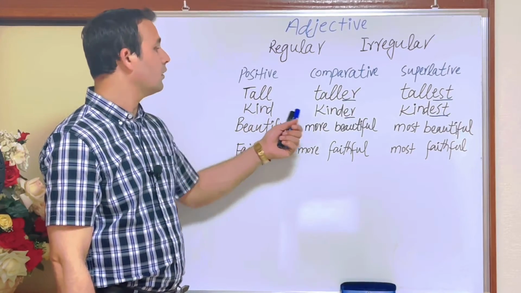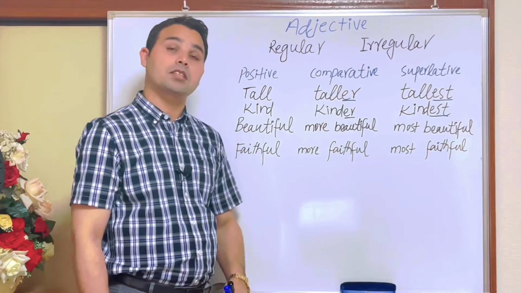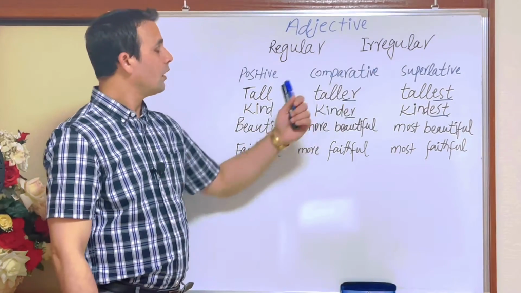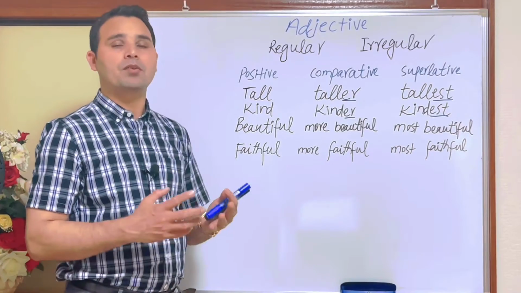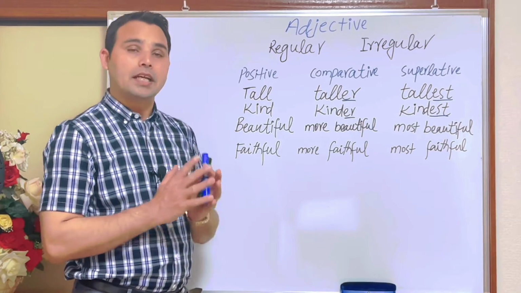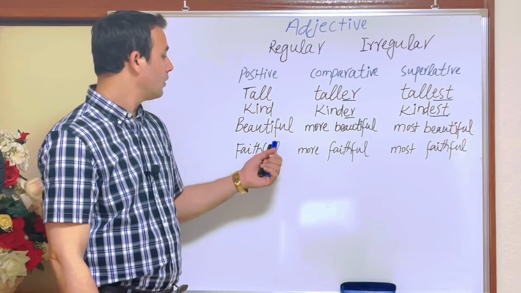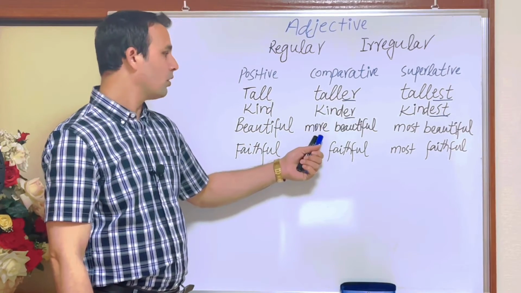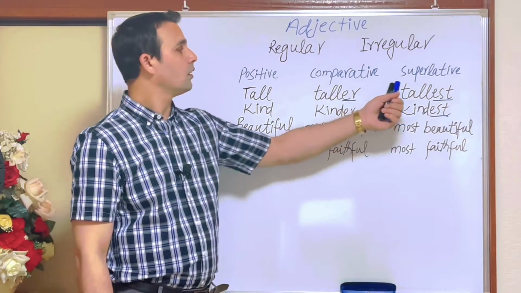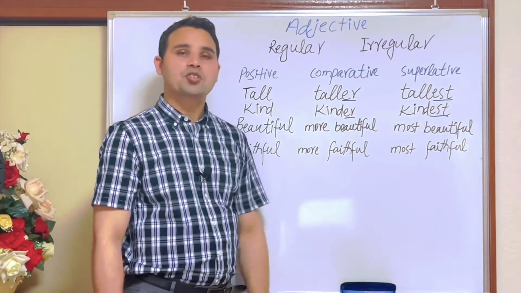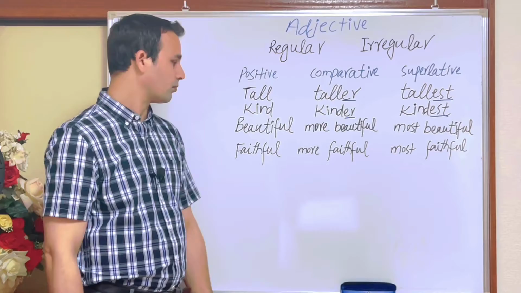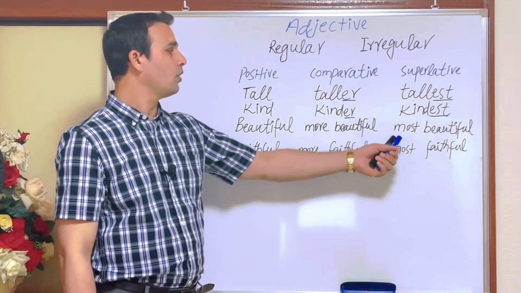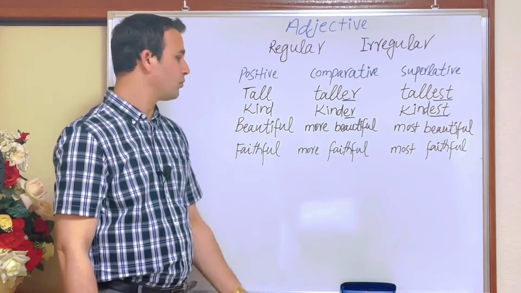In the same way, kind, kinder, and kindest, fast, faster, and fastest. But irregular adjectives have no proper or definite endings. So when you are going to compare, you have to use more in the comparative degree and most in the superlative degree. Like beautiful, more beautiful, and most beautiful.